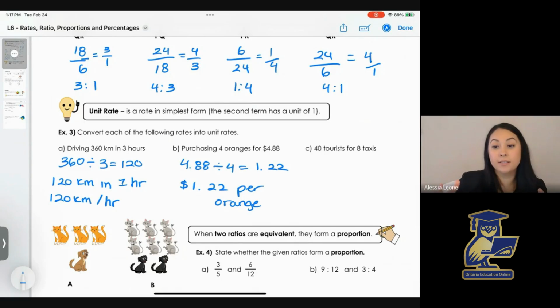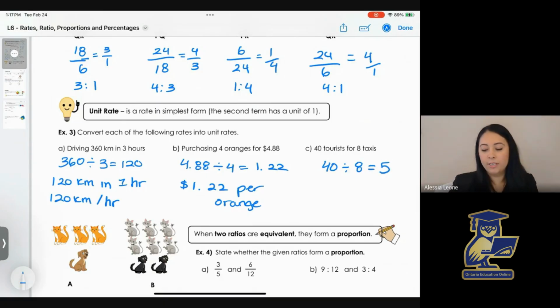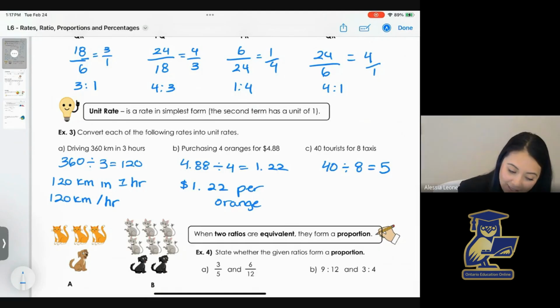Now we have a bus of 40 tourists. 40 tourists on 8 taxis. How many tourists are in 1 taxi? We want to find that rate. So we are going to divide. 40 divided by 8 is 5. So we know there were 5 tourists on each taxi. 5 per 1 taxi.